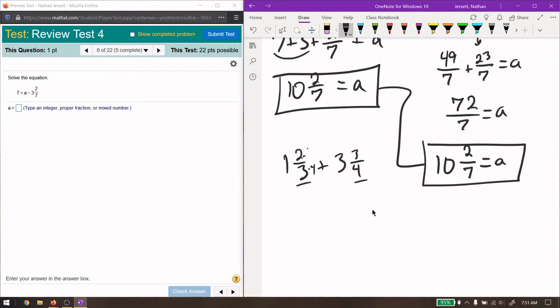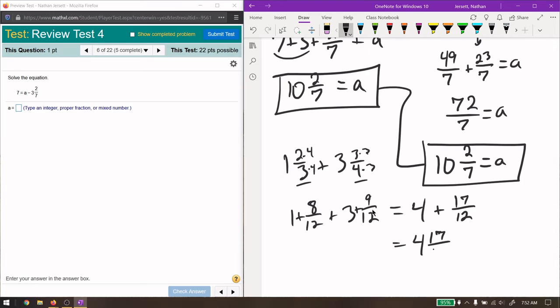So that would be 12. 1 and 8/12 plus 3 and 9/12. And now adding is quite simple. 1 plus 3 is 4. 8 plus 9 is 17 over 12. So this is the same thing as 4 and 17/12.